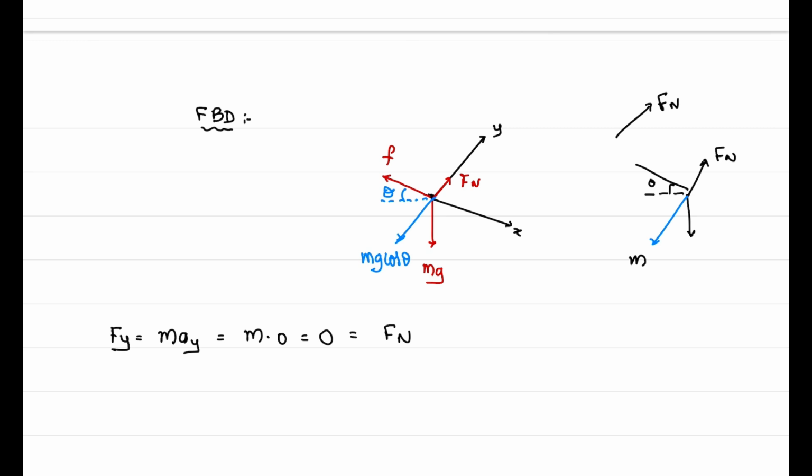Please understand this. If theta is here, it is mg cos theta, because whatever theta is there, the other side perpendicular to that will be mg cos theta, because this angle is 90.